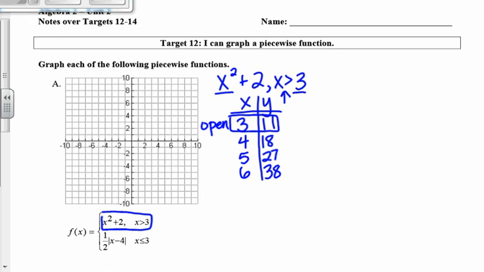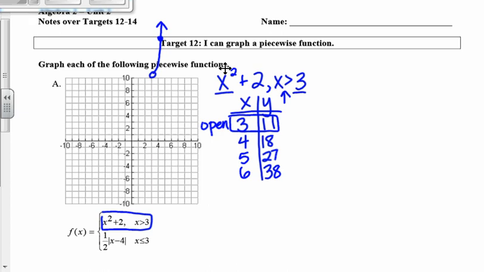I'm just going to do the best I can. I know this goes off the graph, that's okay. (3, 11) would be right about there, and then (4, 18) would be much further up here. Our graph is a quadratic, so notice I have a little bit of a U shape, and that would be the first part of our graph.